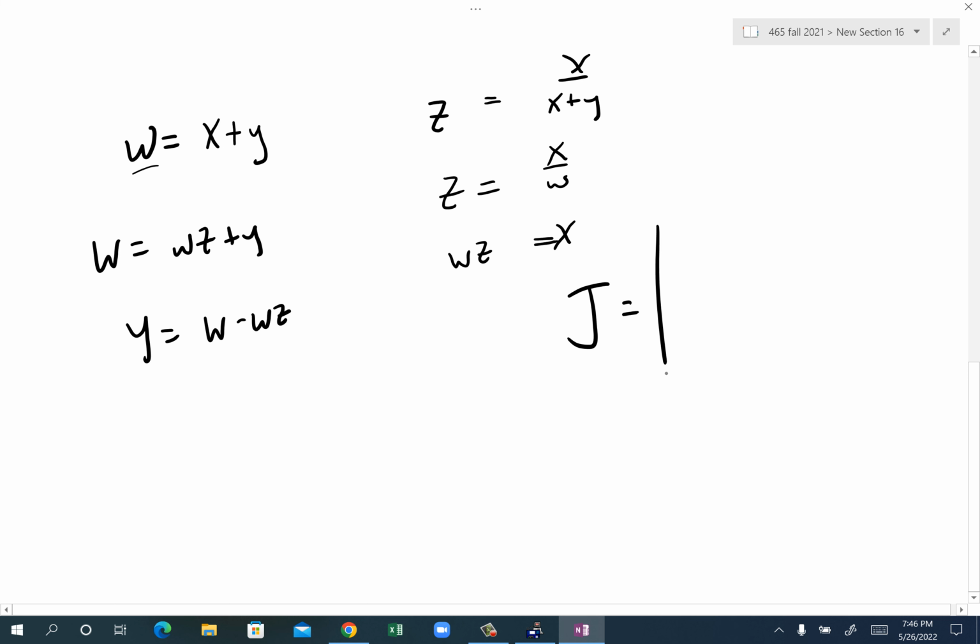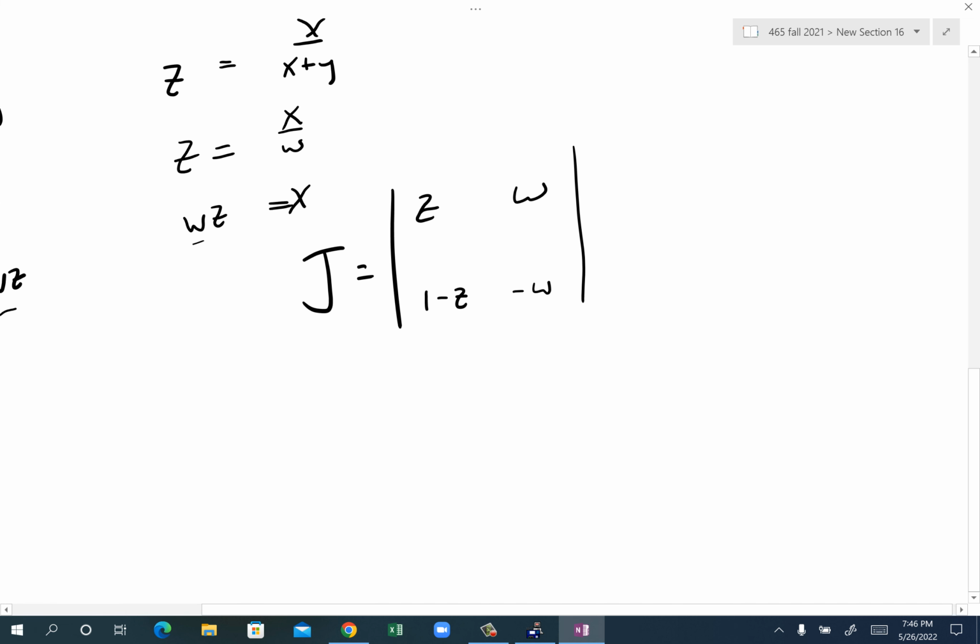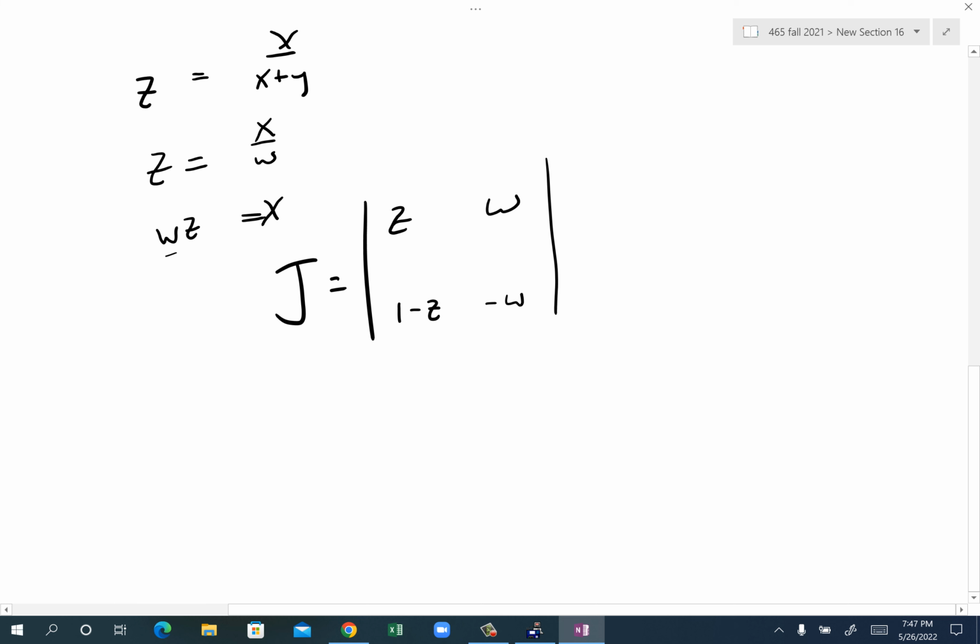Well, I'm in charge, so I'm doing the Jacobian. So the derivative of x with respect to w is going to be z, with respect to z is going to be w. Awesome. So we did x first, obviously. For y, it's going to be 1 minus z, and with respect to z, it's going to be negative w. By the way, if your Jacobian comes out 0, you screwed up.